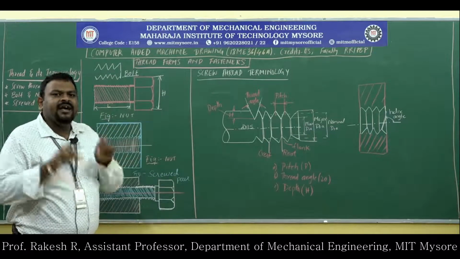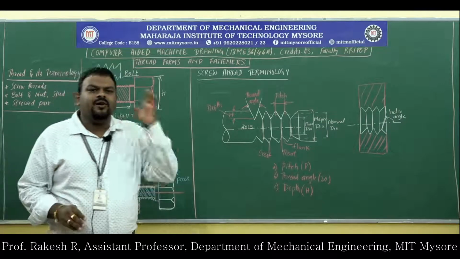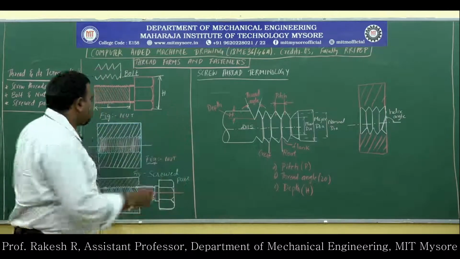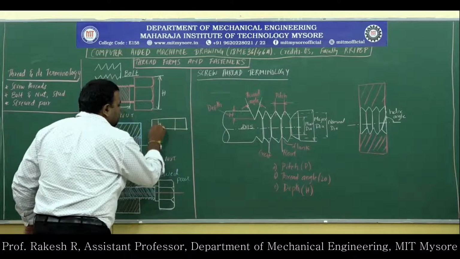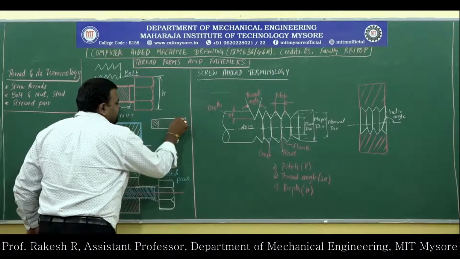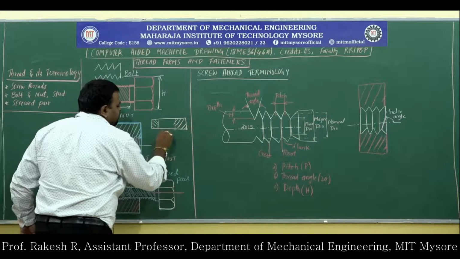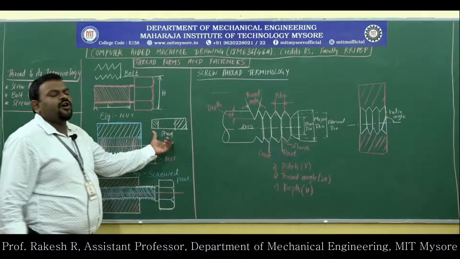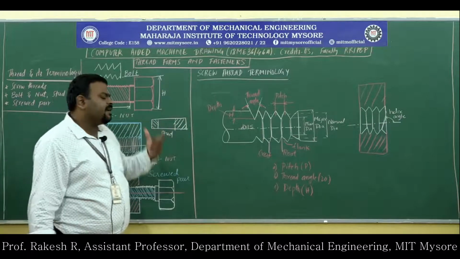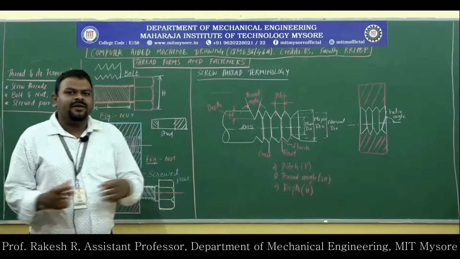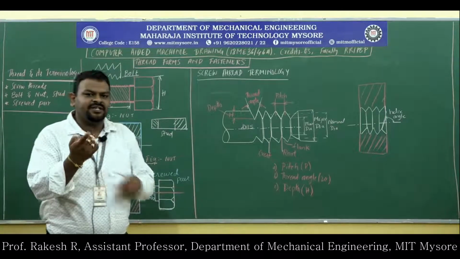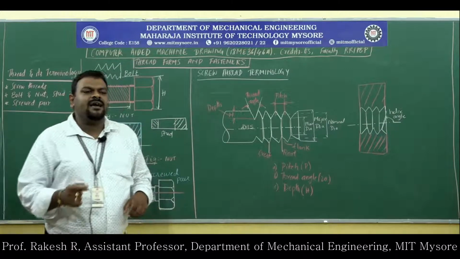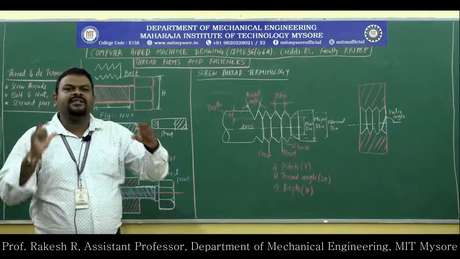If the cylinder has threads on either side, like this, without a head, it is nothing but a stud. In automobiles, you will see the application of a stud. If you remove a front wheel or rear wheel, you will get a big shaft, and that has thread on either side.